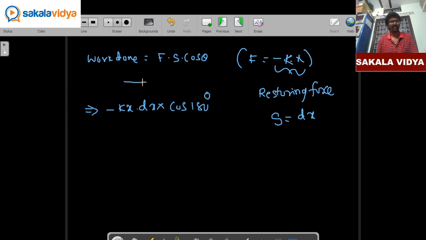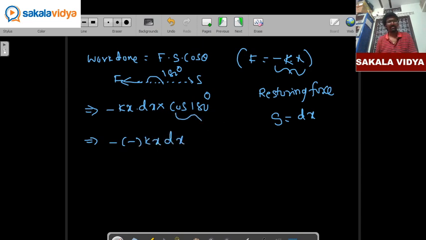As the angle between restoring force and displacement made by the body is 180 degrees, and cos 180 is minus, so minus of minus kx dx gives plus kx dx, which is nothing but dW. So let us write this as equation 1.